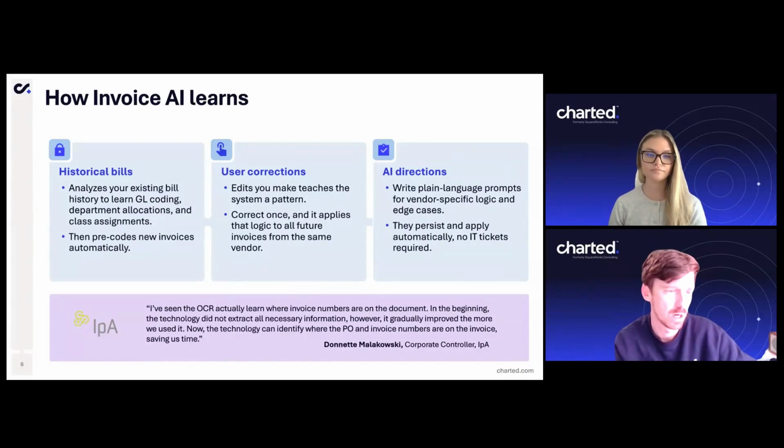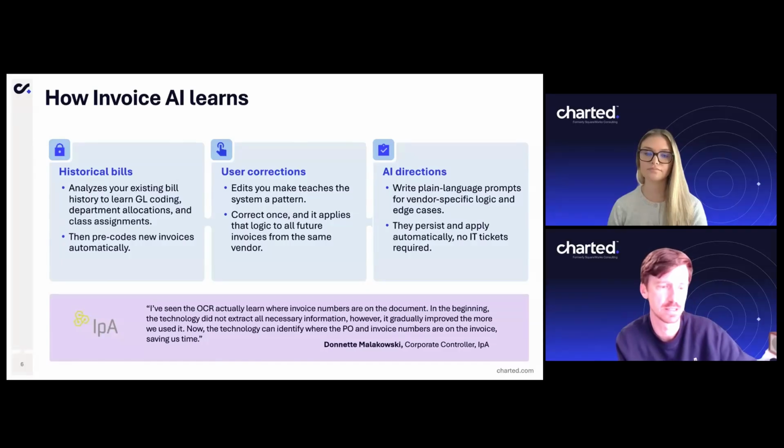This works really well for a lot of coding information that you might be doing on a day-to-day basis. Let's say you receive a utility invoice from your utility vendor. It's typically coded to this general ledger account, this department, this class, and so on. A lot of times that coding information, how you're going to internally classify that on the GL, is not something that exists on the invoice.